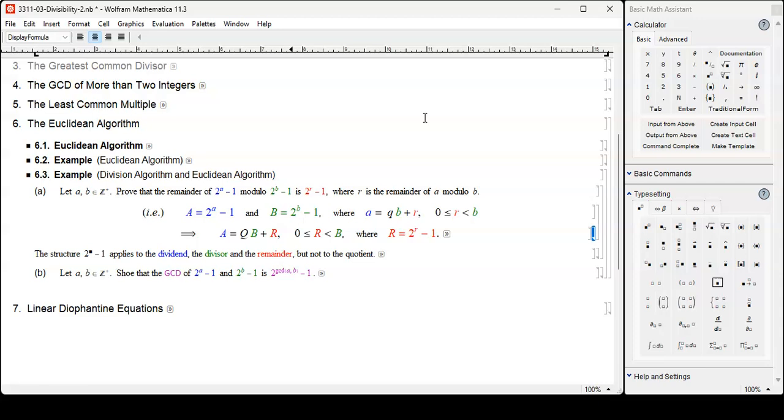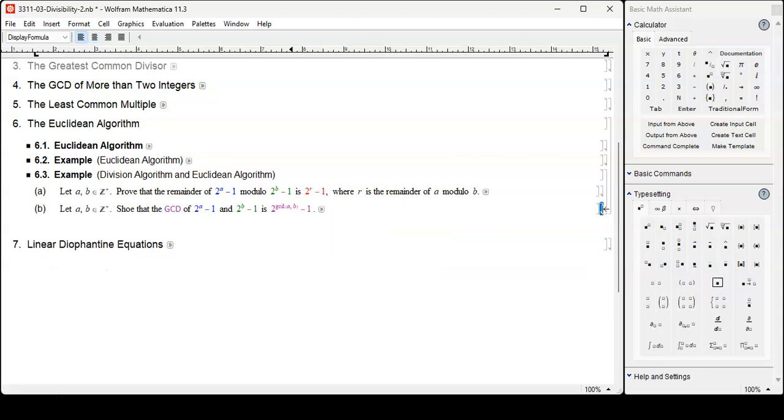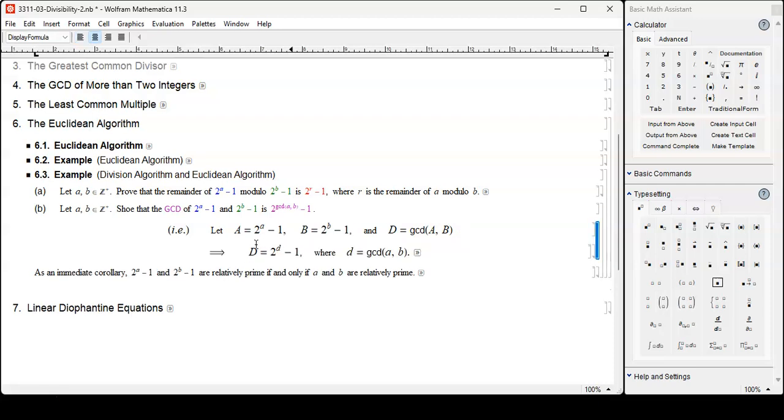Moreover, through the Euclidean algorithm, it can be passed over to the GCD as well. So, capital A is 2 to the A power minus 1 as before, capital B is 2 to the B power minus 1 as before, and we define GCD of those capitals as capital D. Then the GCD for this capital and GCD for this original small are related, guess what?